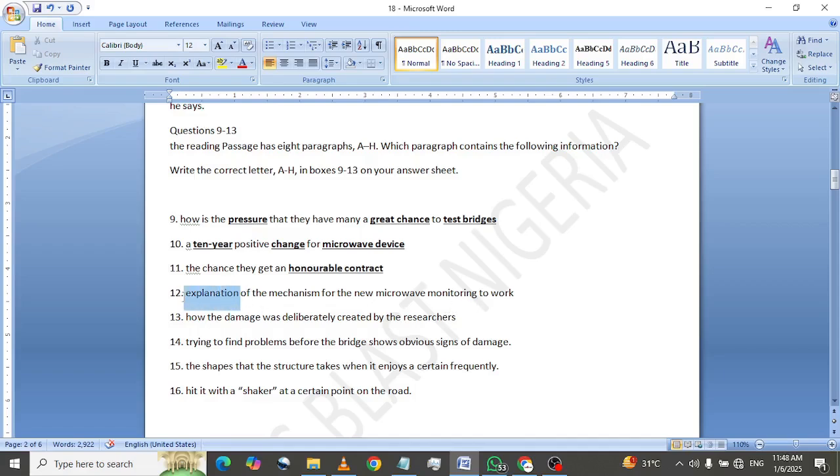Keyword here is what? Explanation. Then mechanism. Then don't forget new microwave. They are being specific here. New microwave monitoring.